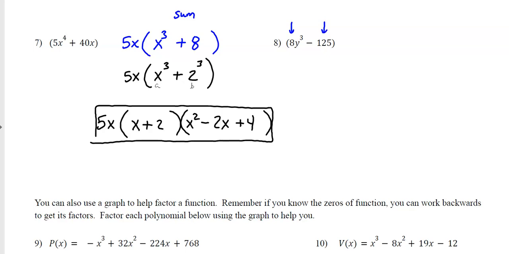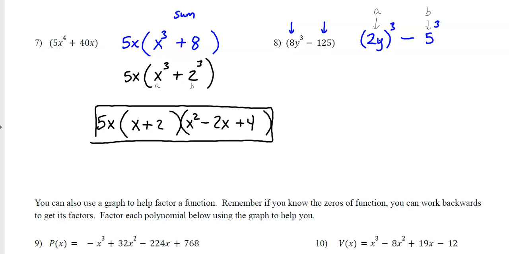So I could rewrite this one as 2y to the third, because 2 to the third is 8, y to the third is y to the third. So really that's my a. My a is 2y. And then subtract, it looks like 5 to the third is 125. So I've written this as my two cubes. So here's my a, there is my b.